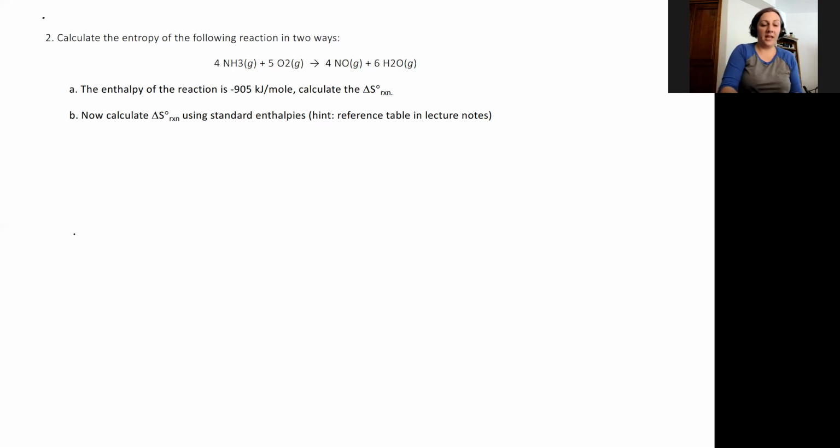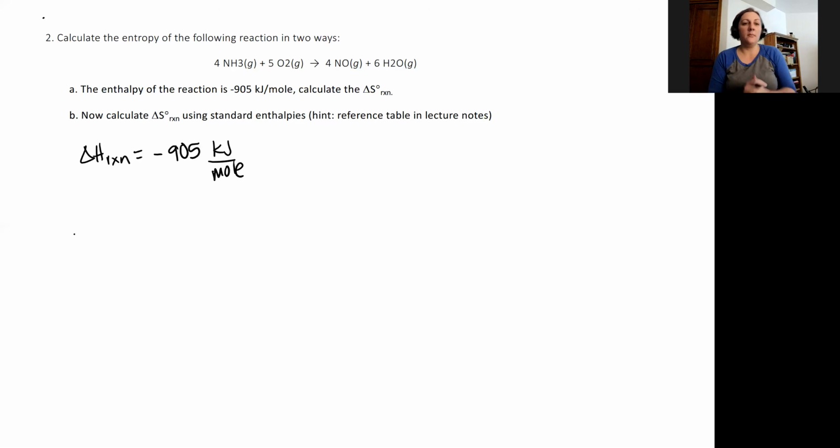We're told the enthalpy of the reaction, so that change in enthalpy is equal to negative 905 kilojoules per mole. So we know that piece. We also can pull up our equation for the change in entropy for a reaction.